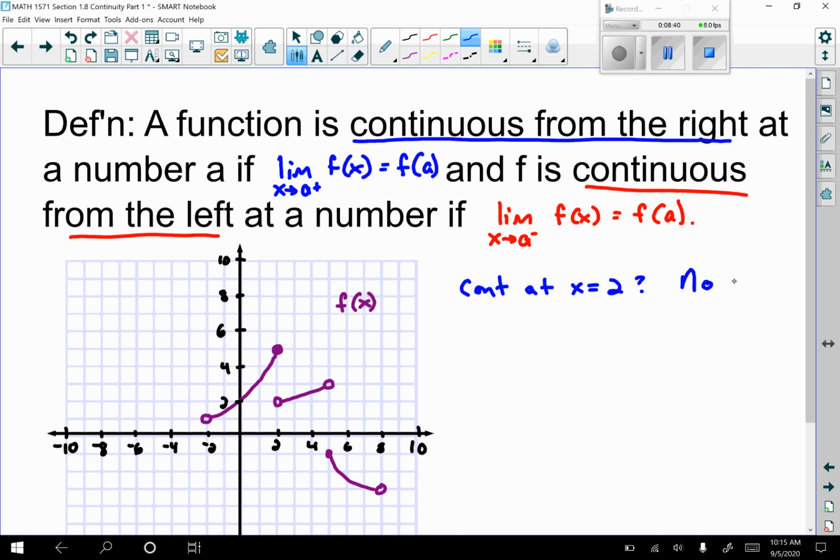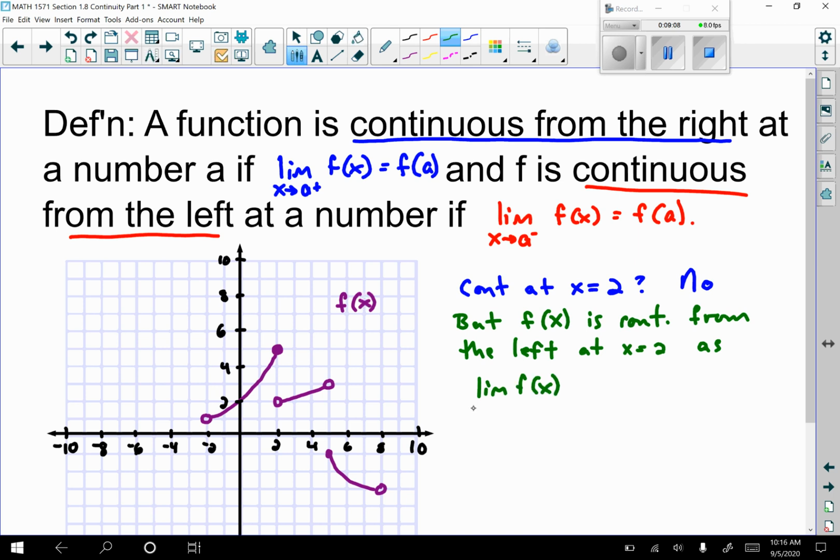No. However, we could say f of x is continuous from the left at x equals 2, as the limit of f of x as x approaches 2 from the left is equal to f of 2.